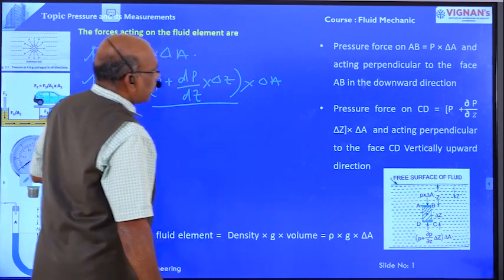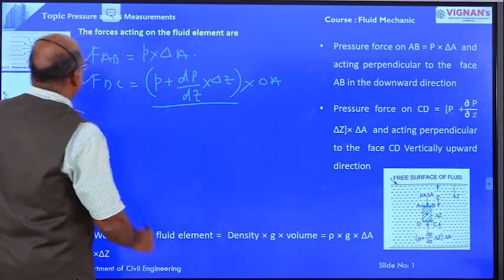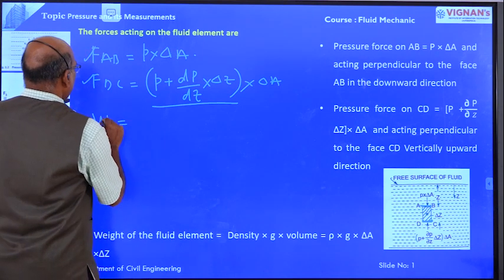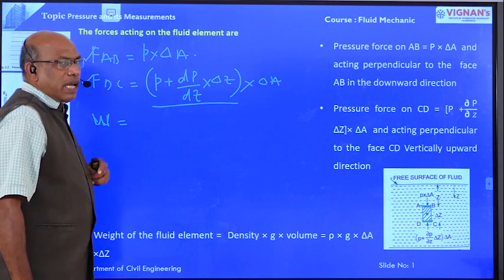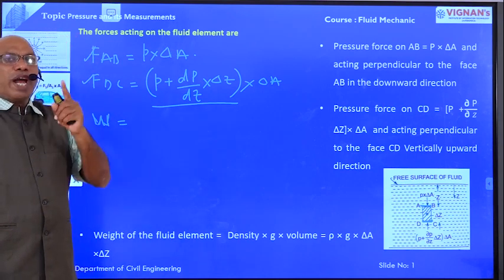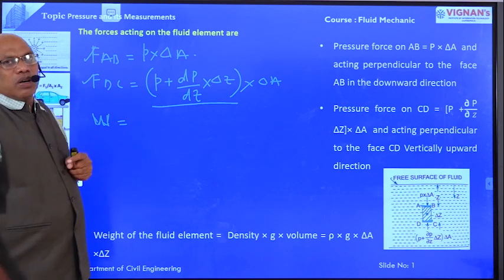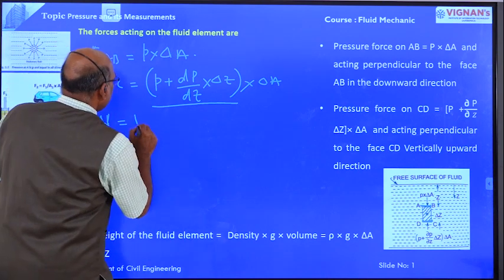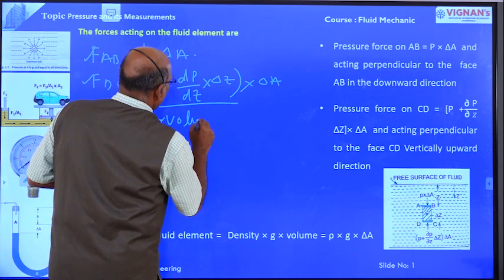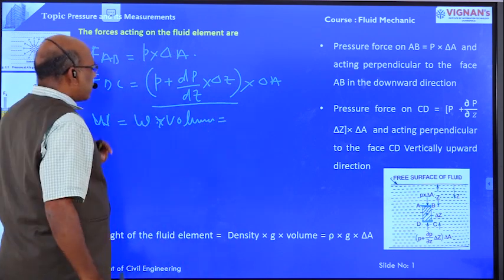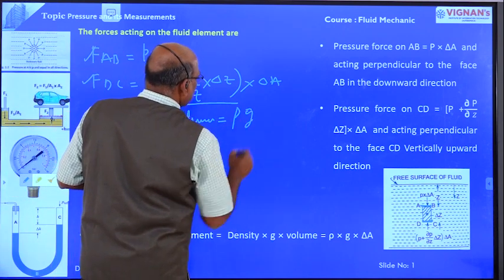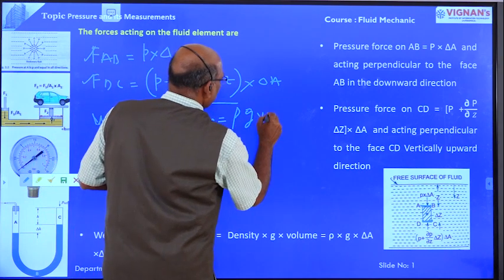Now we are going to determine the weight of the fluid element. Weight of the fluid element is equal to, as already explained, weight density into volume. What is the weight density? Weight density is denoted by small w, into volume. Weight density is also nothing but rho g, mass density into acceleration due to gravity, into volume.